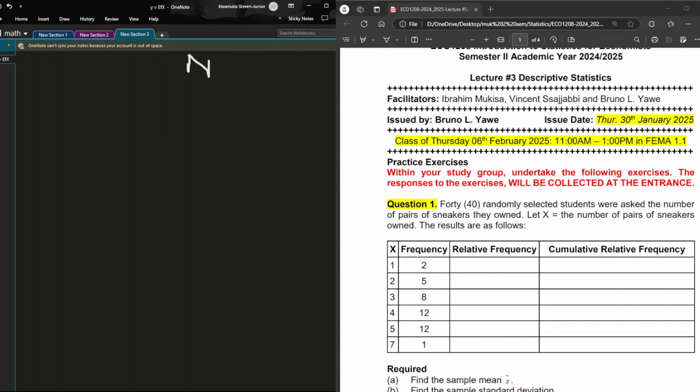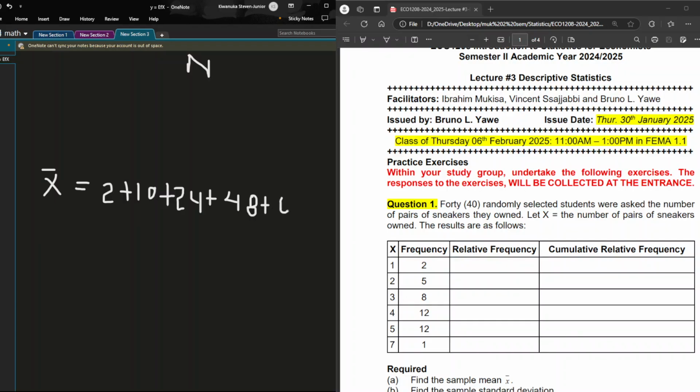So now here we will have 1 times 2 plus 2 times 5 plus 3 times 8 plus 4 times 12 plus 5 times 12 plus 7 times 12, and we get our x bar, which is the mean, equals 2 plus 10 plus 24 plus 48 plus 60 plus 7.